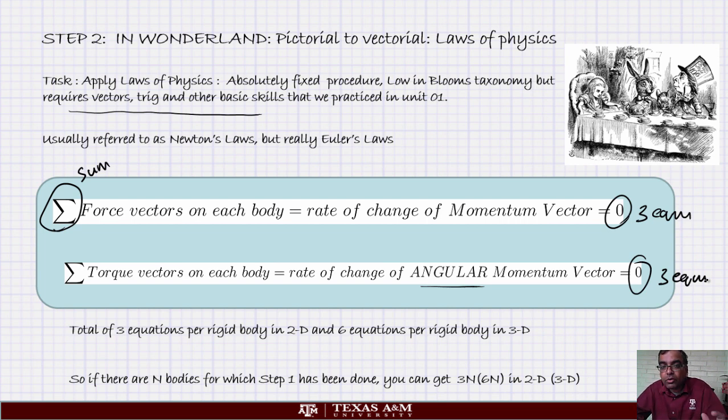So you have to do two things here. One is convert all your pictorial stuff into vectorial stuff, and then sum them all on each body. So if there are n bodies, you will get 3n equations in 2D, and 6n equations in 3D. Why 3n equations in 2D? It will give you two force equations and one moment equation for 2D.